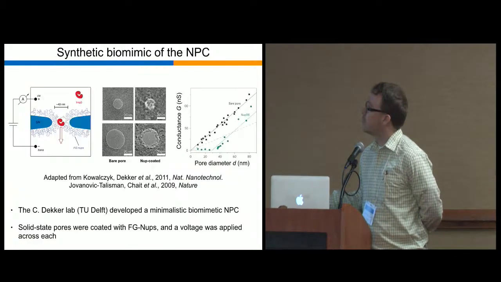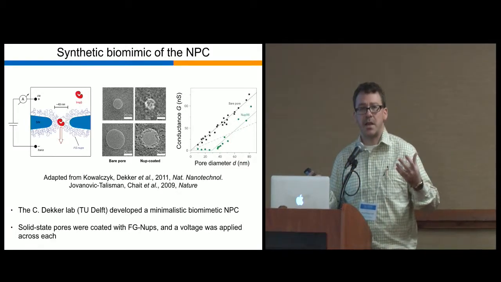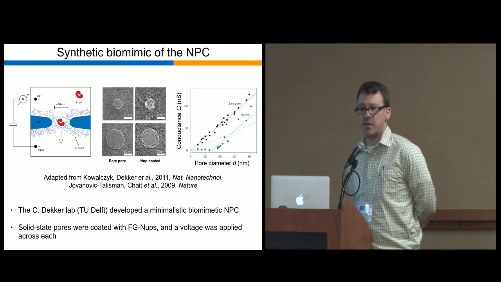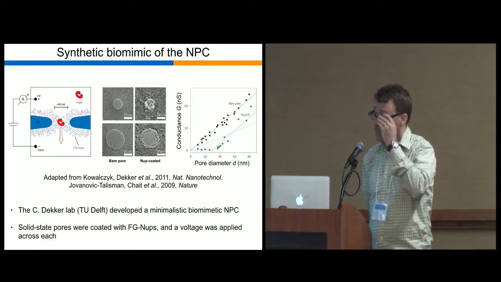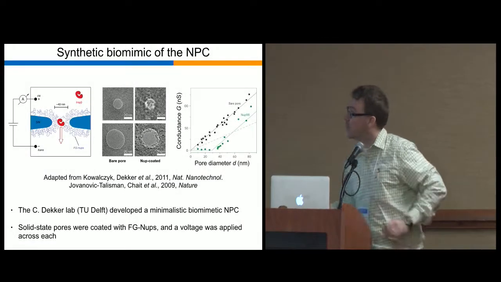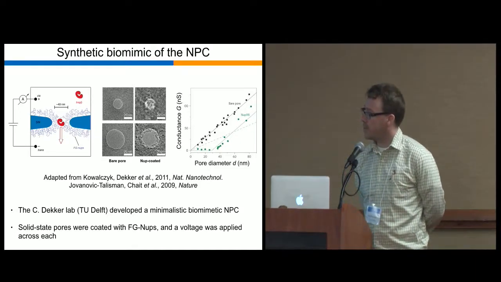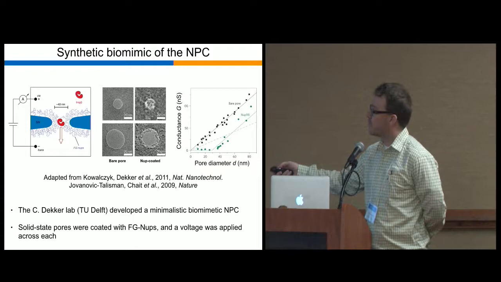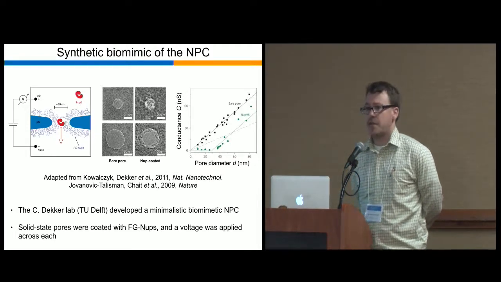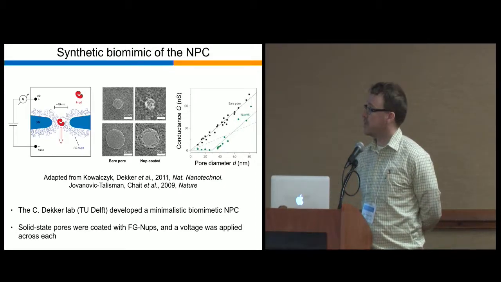Because this is such a large system, literally thousands of proteins, and it's difficult to study in vivo, the Decker lab from TU Delft that we're collaborating with, and also the Chait lab a few years earlier, found a way to synthetically mimic the properties of the nuclear pore.